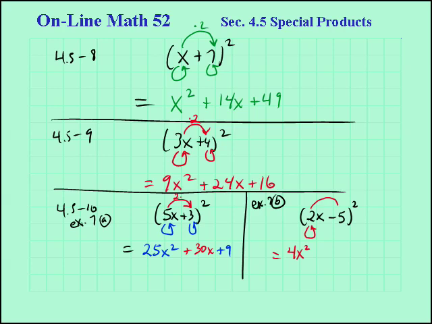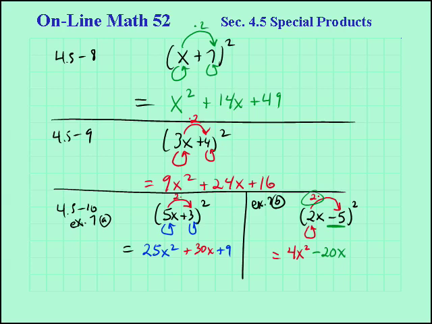We'll use that to represent the outer product, and we'll double it. So 2x times negative 5 this time. Got to remember to treat that term right here as negative 5. So 2x times negative 5 is negative 10x, and then double it. Don't forget to do that. That makes it a negative 20x.